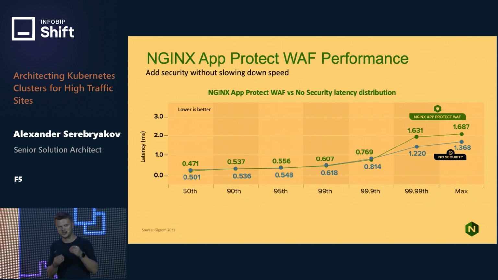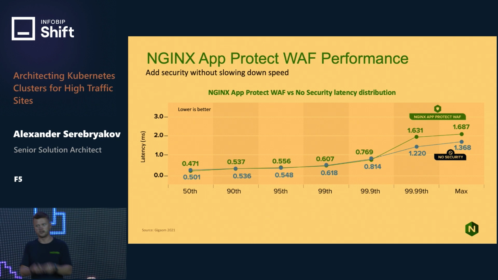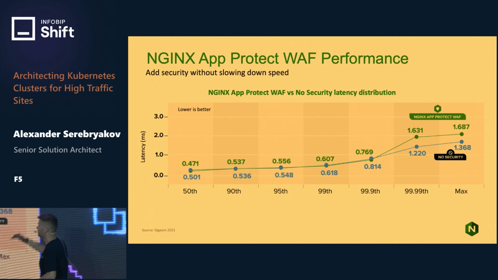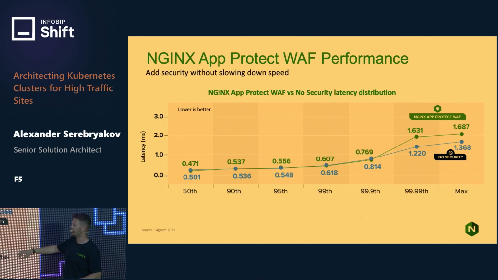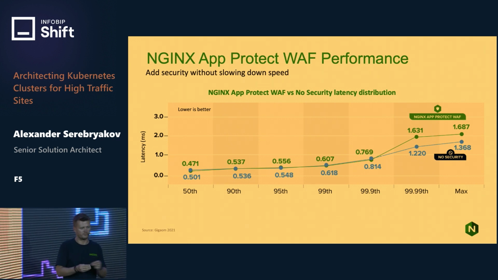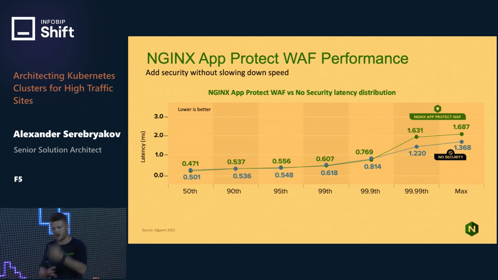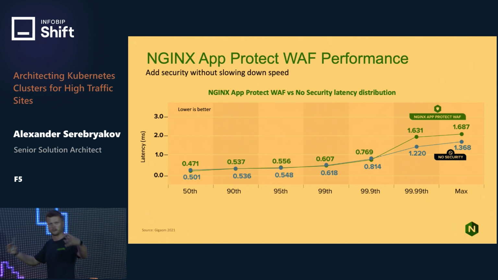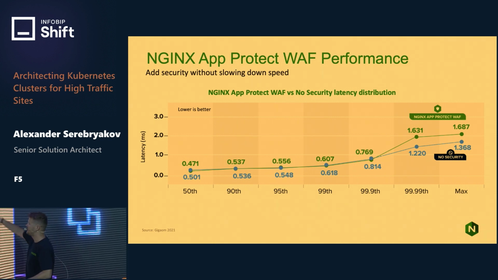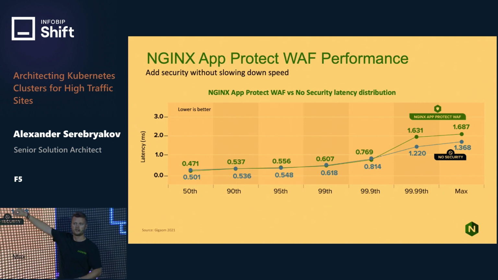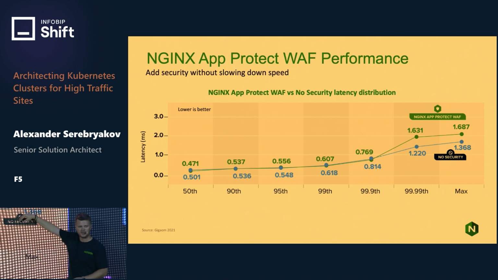It's basically done on signature analysis, with thousands of signatures that each request should pass through. And when we put this web application firewall technology into the Nginx ingress controller, we see that the analysis of the request, building the structure of the request and passing each piece of it through these thousands of signatures, is not that far from the performance without it.